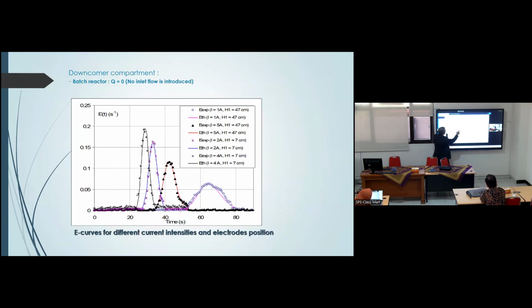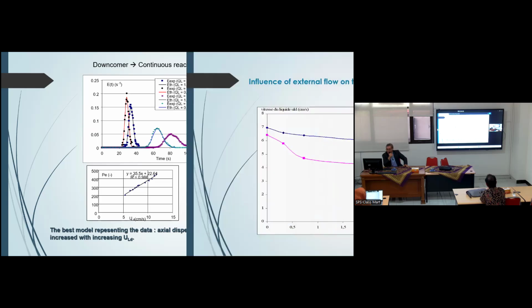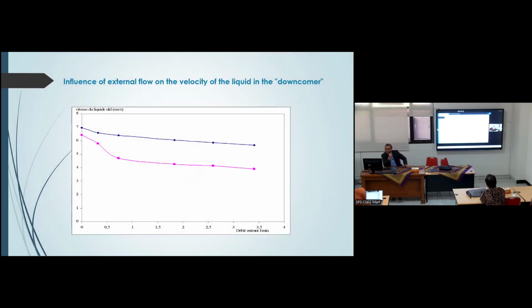We change the intensity of the current: 1 ampere, 5 ampere, 2 ampere, etc. We have the signal according to the current, and we can analyze this for different flow rates. And we have the influence of the external flow on the velocity of the liquid in the downcomer.